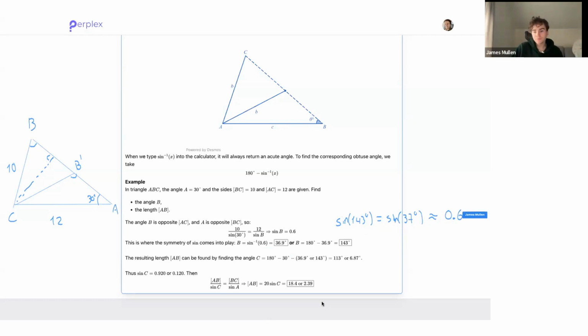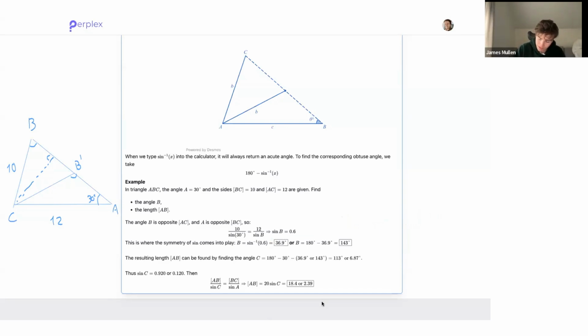Okay. And it's because both of those have the same value of sine that I have to remember that the calculator giving me the acute angle might be hiding from me an obtuse angle that also works. So I check, I say, okay, the obtuse angle would be 180 minus 36.9, and that's 143. And then what you have to do is check if that 143 fits in the triangle. What does that mean?